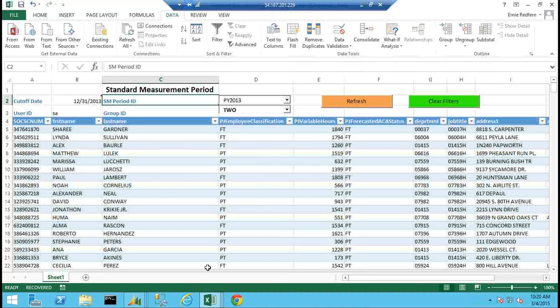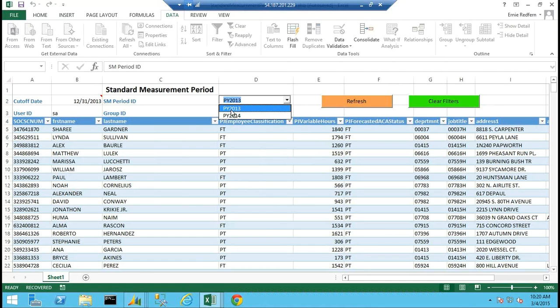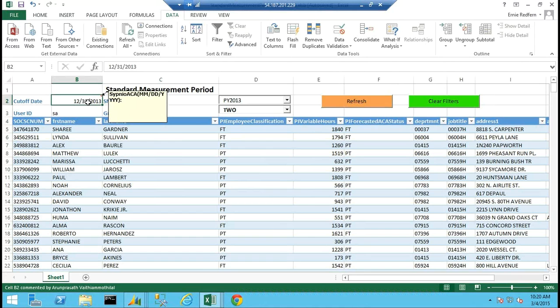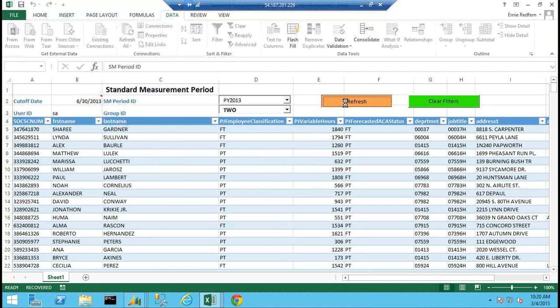Let me just look at my part-time people because I want to show you something interesting about periods of time. I said that I could have up to a 12-month measurement period, but I could have had a 6-month measurement period. So if my measurement period had been from January 1 to 6/30/2013, these would have been the number of part-time employees that would have been eligible for coverage.